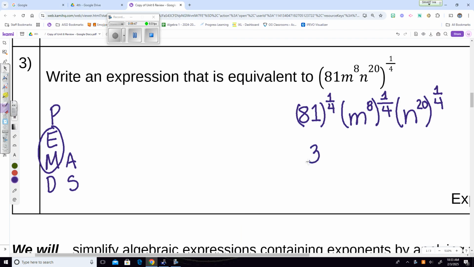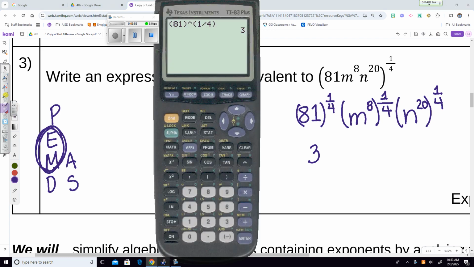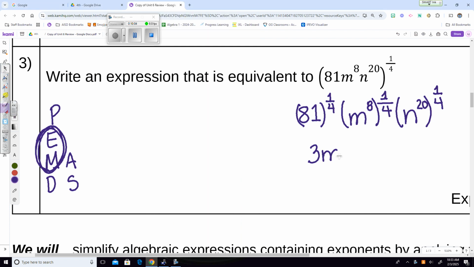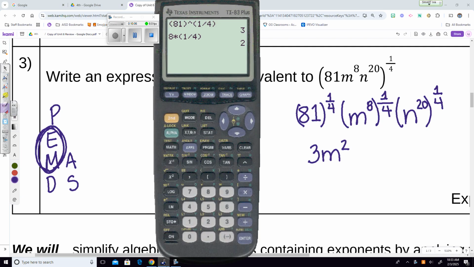Then on the m's, it's exponent to exponent, and you guys said to do what? Exponent to exponent, multiply, okay? So it's 8 times, open parentheses, 1 divided by 4 close, and we get 2. Very good. And then on the n's, it's 20 times the 1/4.